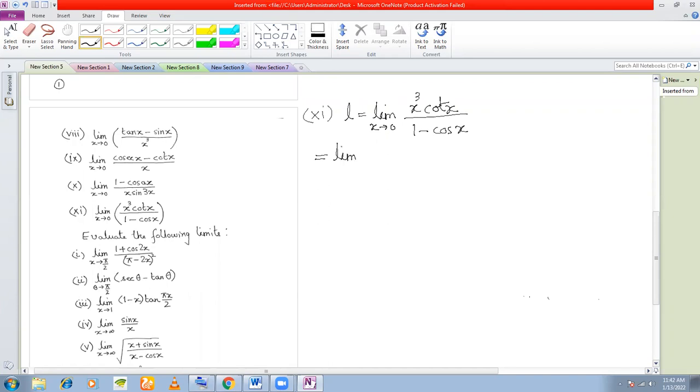So what we do is we multiply the numerator and denominator, because we see a 1 minus cos x in the denominator, by 1 plus cos x. Okay. In the next step, in the denominator, you are going to get 1 minus cos square x.